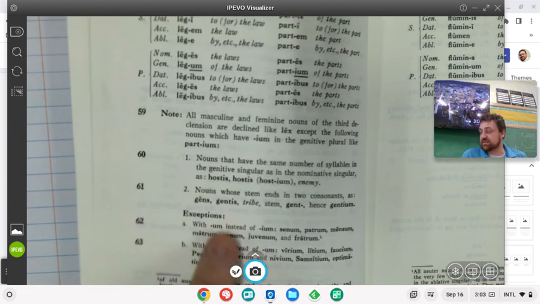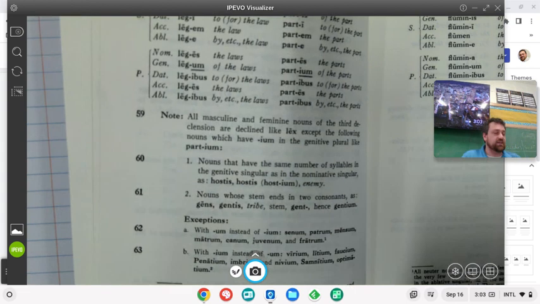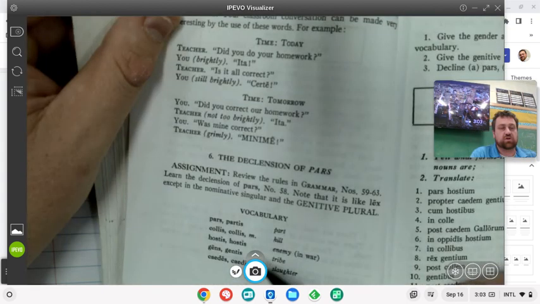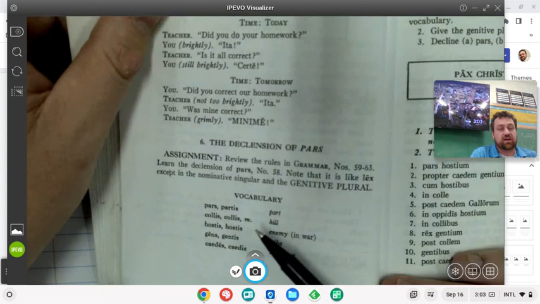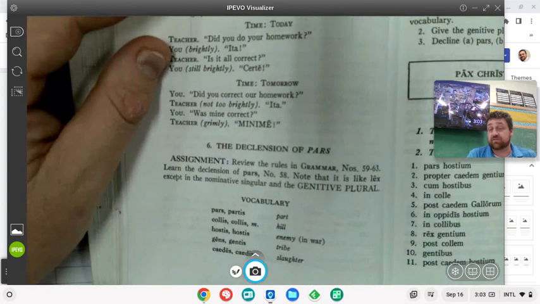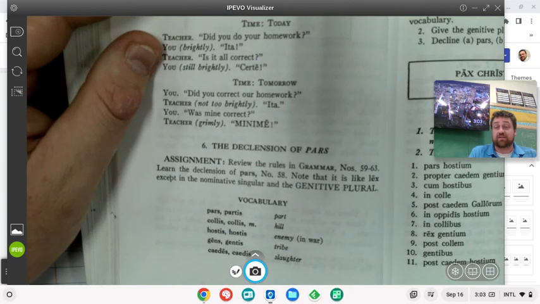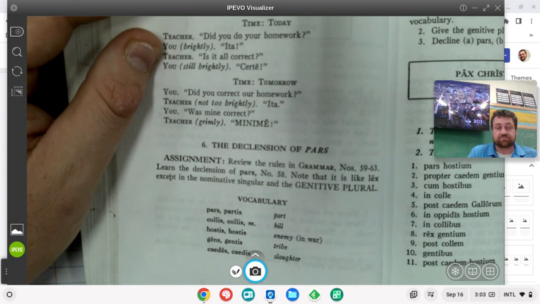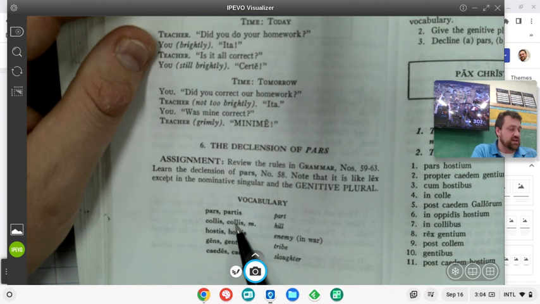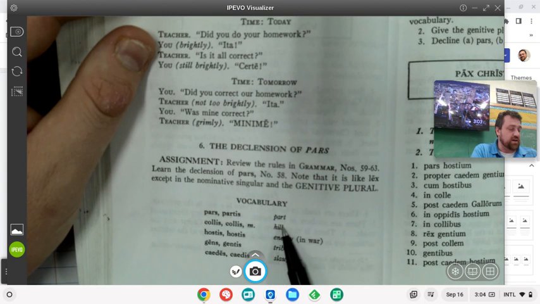Okay, let's take a look and see which new words are I stems because they have the same number of syllables in their nominative singular and their genitive singular. Pars, partis. They don't have the same number of syllables. This is an I stem for another reason. Collis, collis. Oh, they're the same. That means hill.